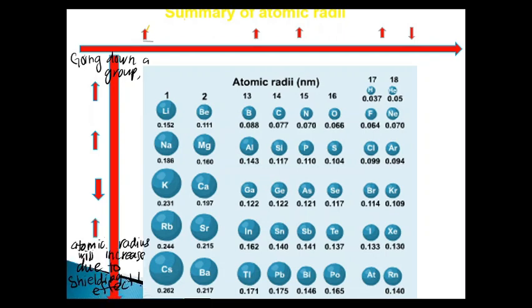But when moving across a period, from left to right, the atomic radius will decrease due to effective nuclear charge.